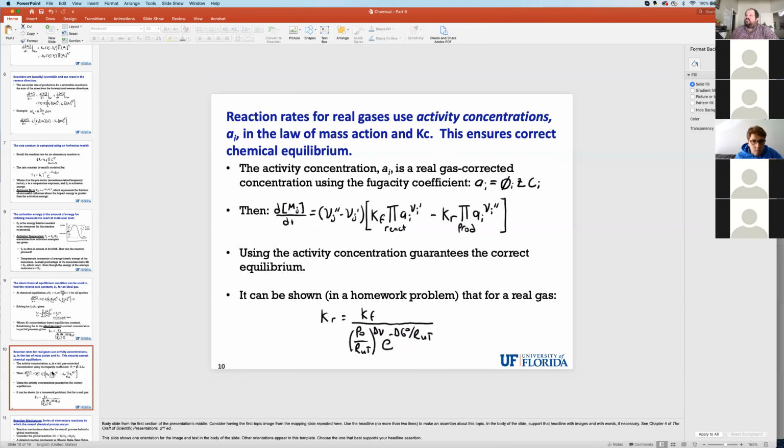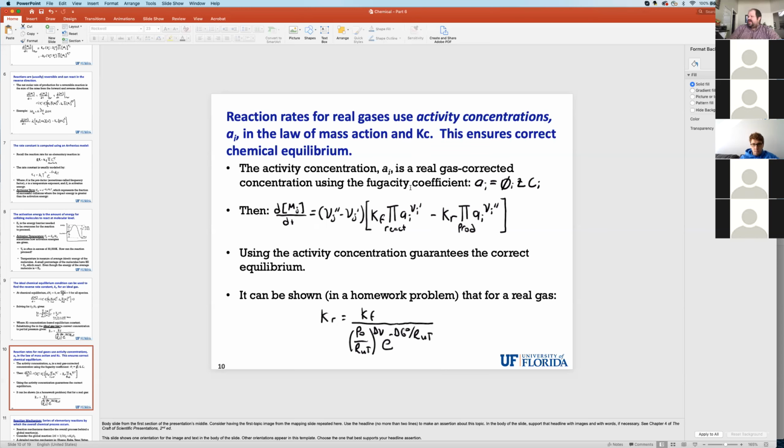Those often use the Peng-Robinson equation of state. I'm not going to go through the derivation, but essentially you can apply the law of mass action right here, but instead of the concentration of species i, you use what is called the activity concentration, a_i.